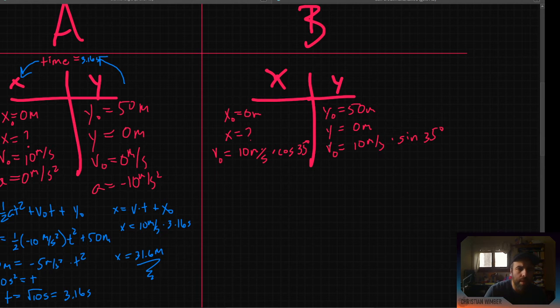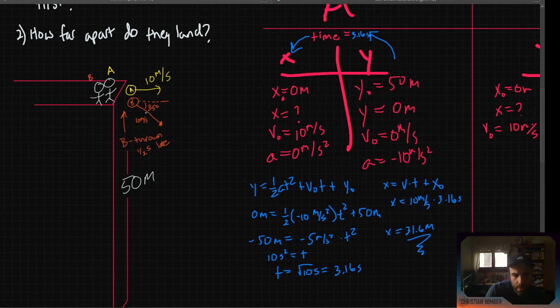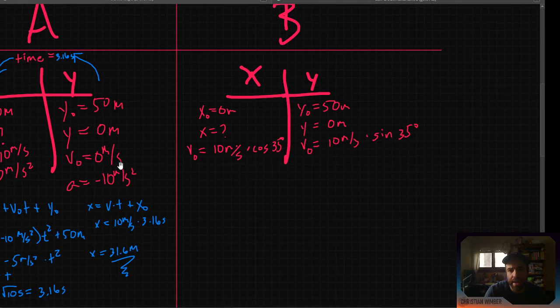And a quick note, this is downwards. Do you see how we're throwing it down? So this will have to be a negative, whatever that is. There is still no acceleration here, but there is still an acceleration here of negative 10 meters per second squared.